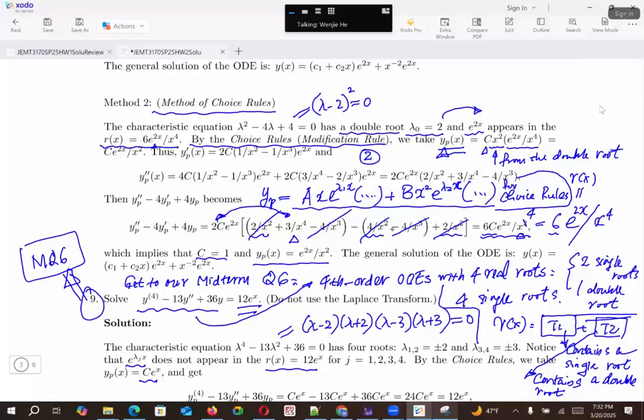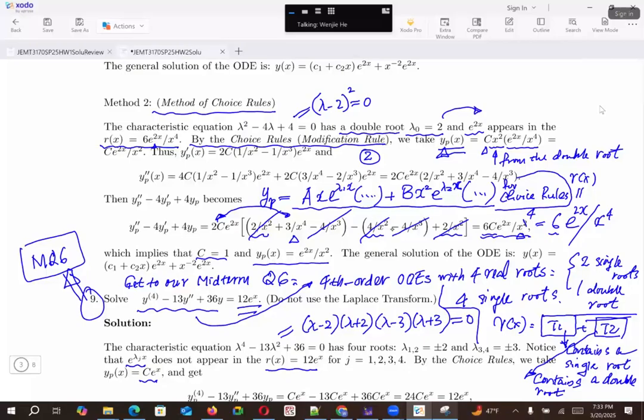Why can you still use the choice rule? The choice rule is used to find YP, a particular solution. The homogeneous solutions, you already know there are 4 of them. You already have them. Then you use the choice rule to determine YP.